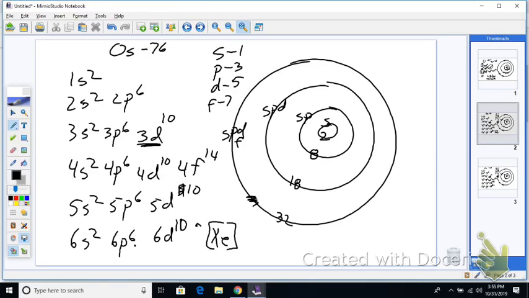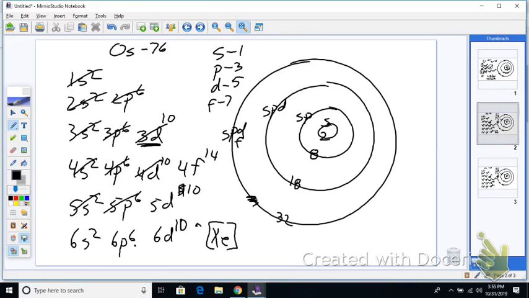Okay, so for xenon, what have we gone through up to that point? These will all be inner shell electrons. These are called inner shell electrons at this point. Those are the ones that have been eliminated if you would go through the sequence and put them in.